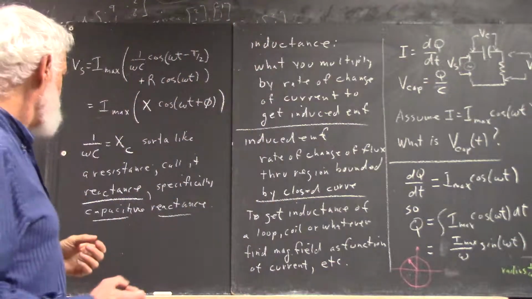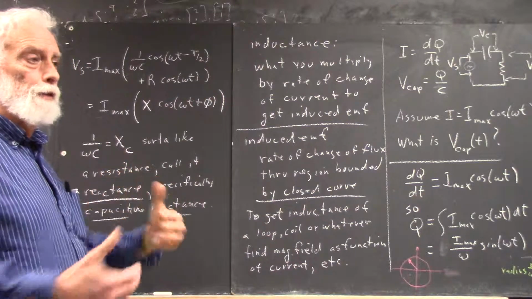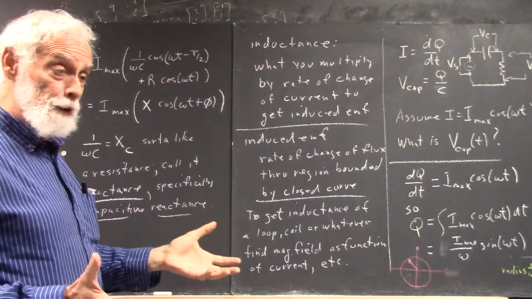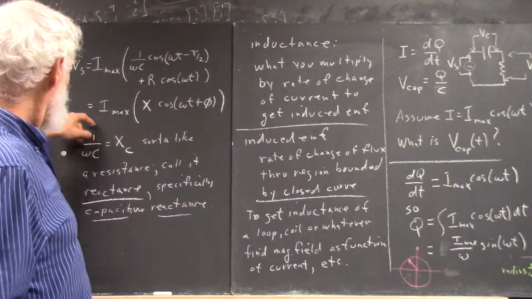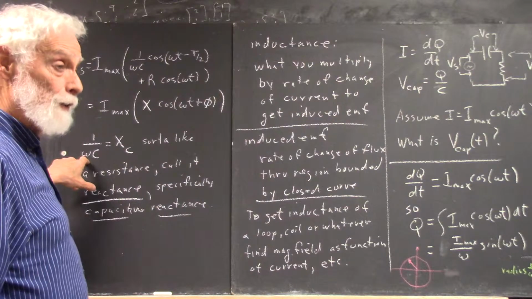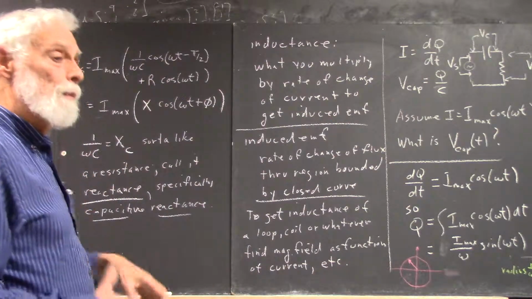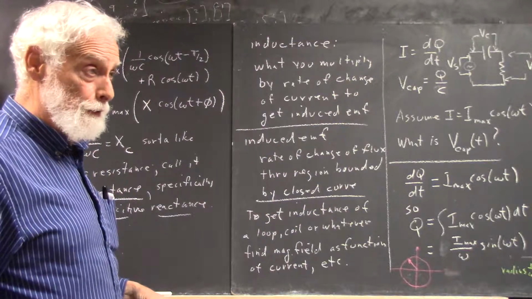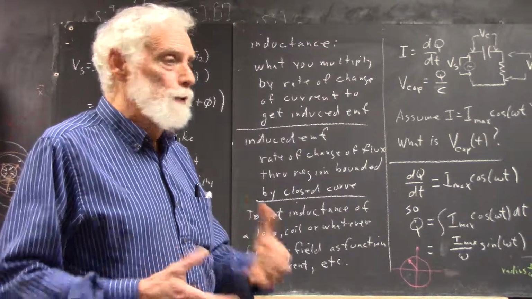Now, you accept that if you're changing the voltage, if the voltage reverses very quickly, the capacitor doesn't have time to build up a charge. 1 over omega C is small because omega's big. But what's happening if you've got an inductor in the circuit? Well, you're trying to change the current.